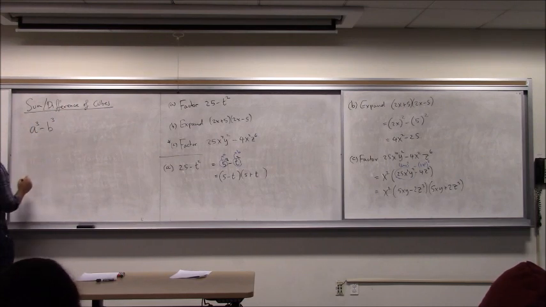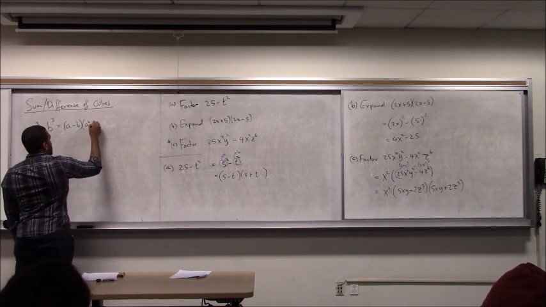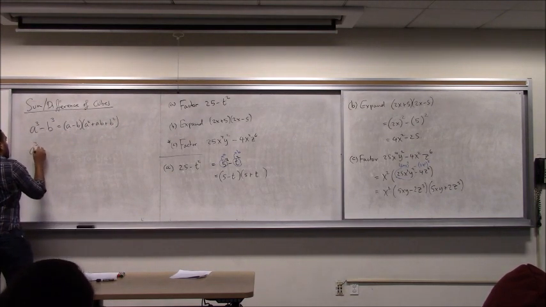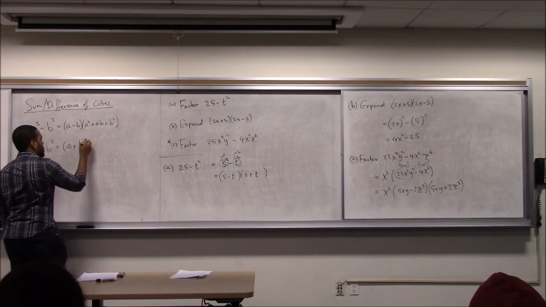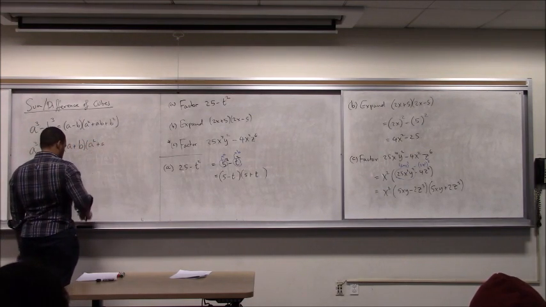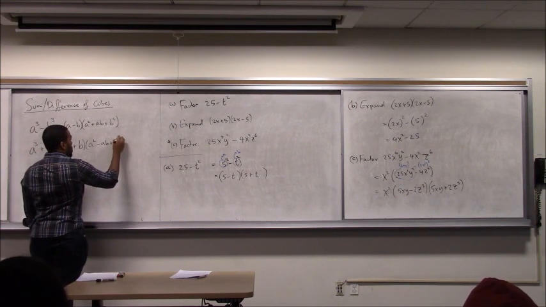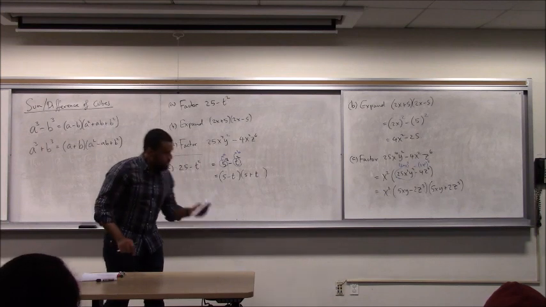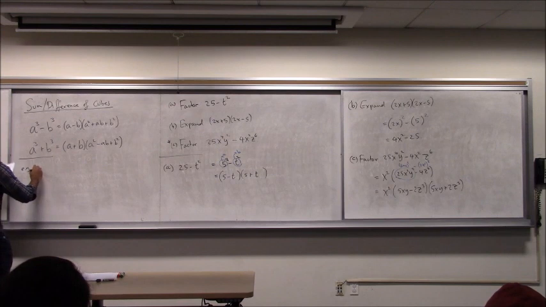If these are both cubed, that actually factors into this, and this one factors into that. There's no 2 in the front of this, which sometimes someone messes up. I believe it's example A.